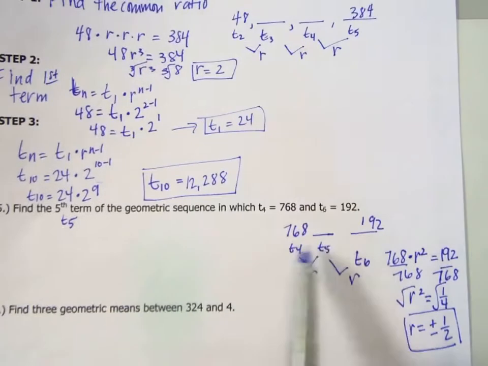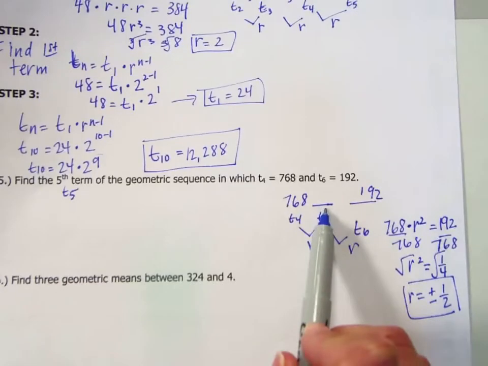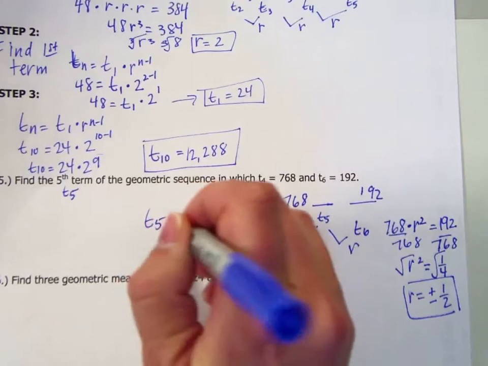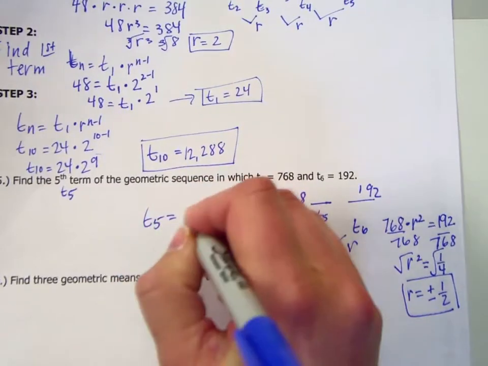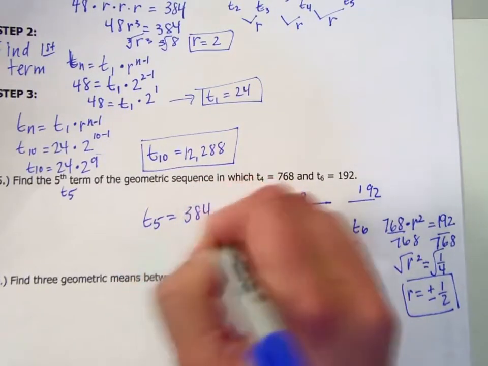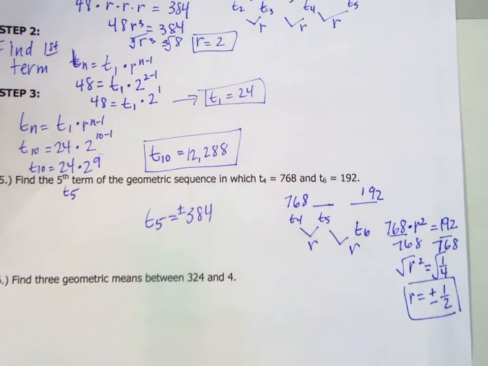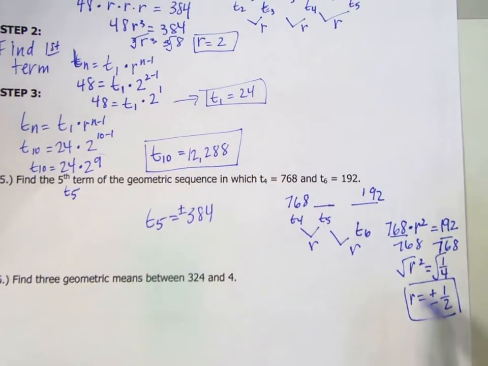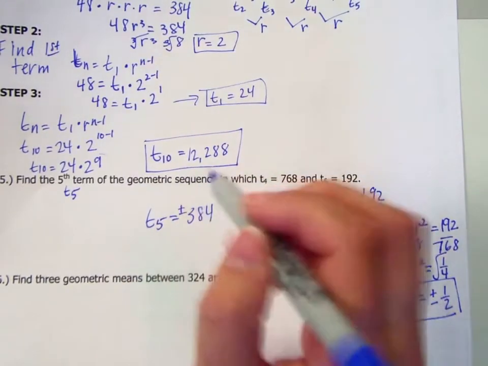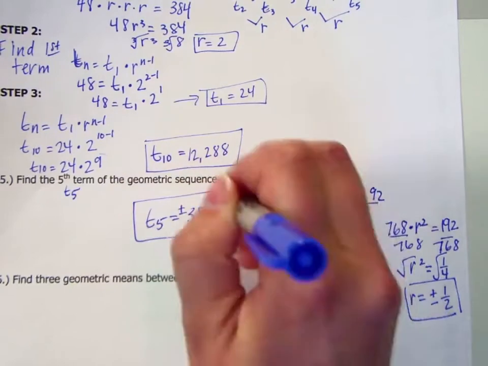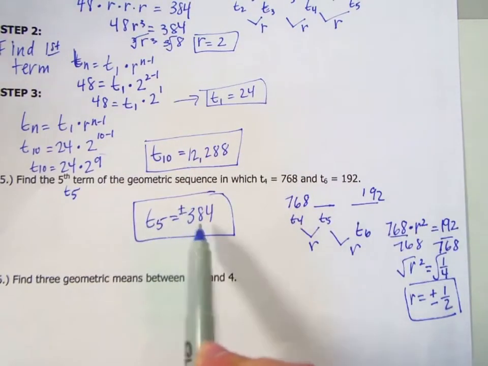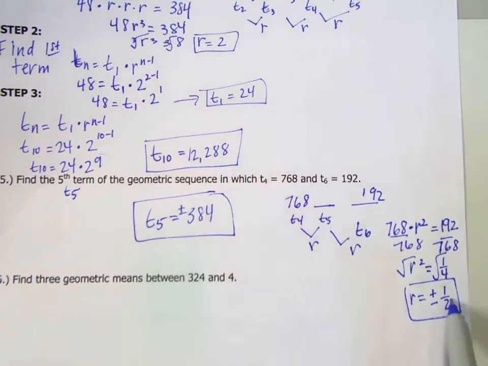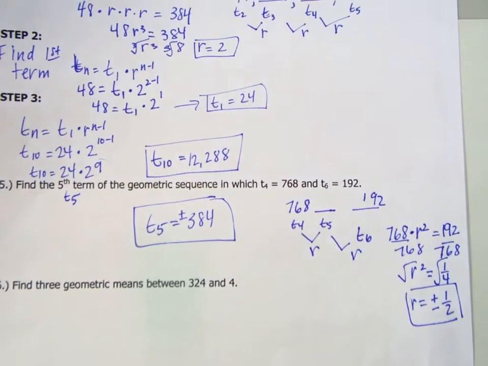So when we go to find that fifth term, we have to say the fifth term could be a positive 384 or a negative 384, depending on what that common ratio is. We don't really know if it's positive or negative, so we have to say the fifth term could be positive or negative 384, which I got by multiplying by positive 1/2 and a negative 1/2.